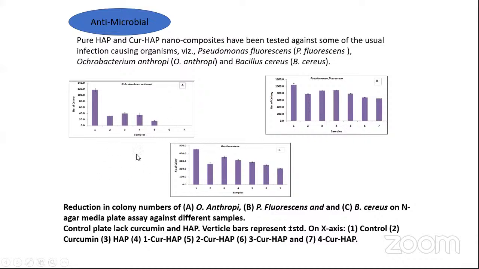Hydroxyapatite is widely used as a biomaterial. If instead of hydroxyapatite we use the hydroxyapatite curcumin nanocomposite, then we have an extra benefit because of the antimicrobial activity of curcumin, which helps much more than pure hydroxyapatite.